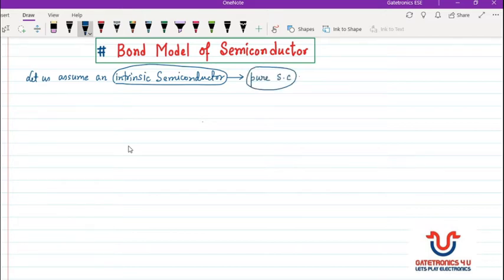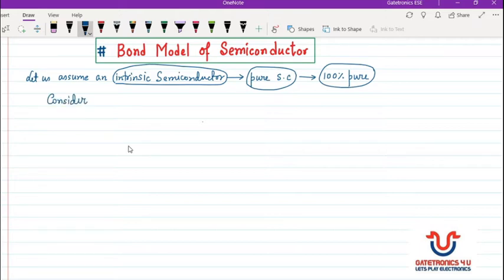Pure means it is nearly 100% pure. Pure means that there will be only the corresponding semiconductor atom present inside the material.